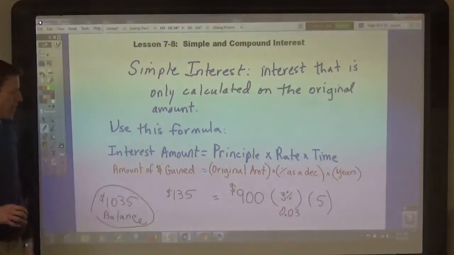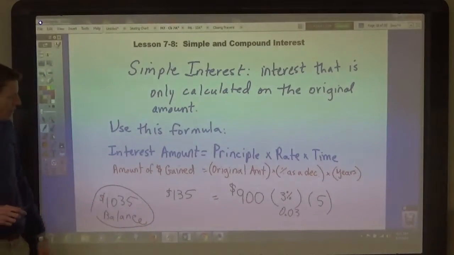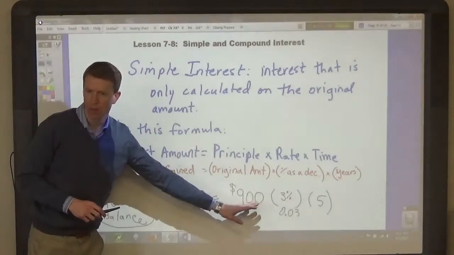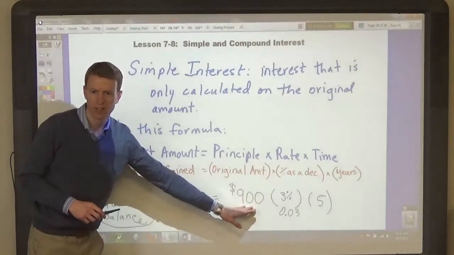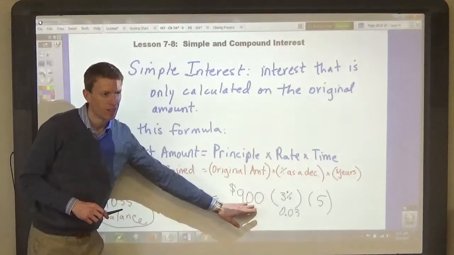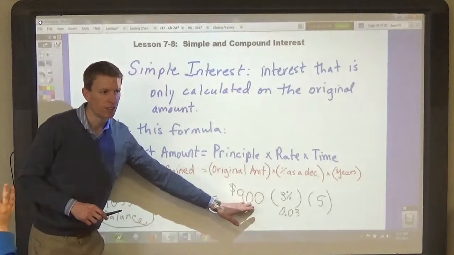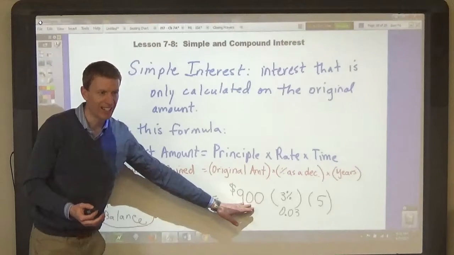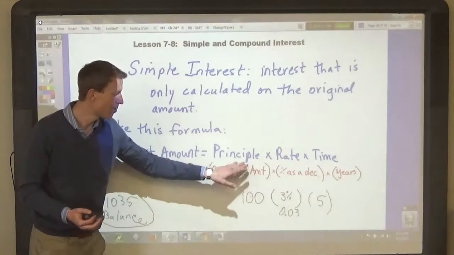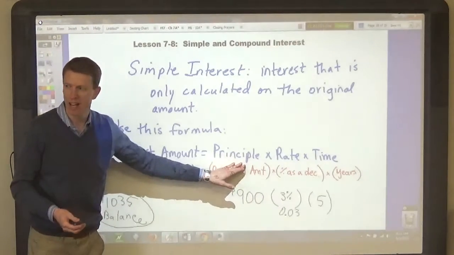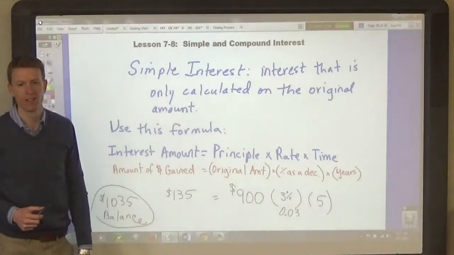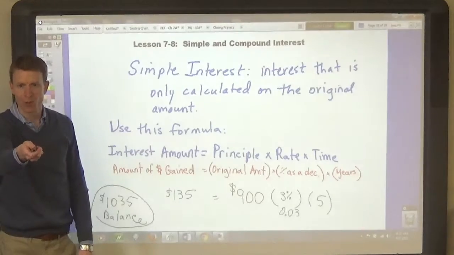So in this example we did yesterday, if you put in $900, what is that called? Tyler, what is that called, that $900 deposit? That's the principal. And then if they pay you 3%, that's the rate.